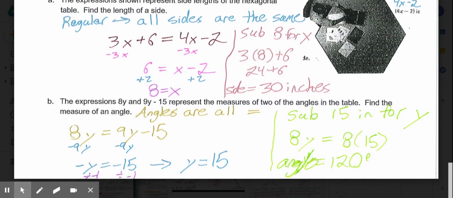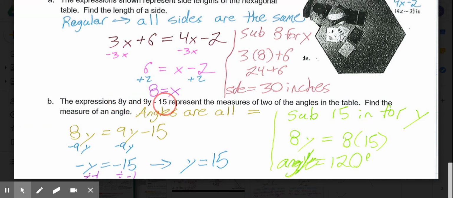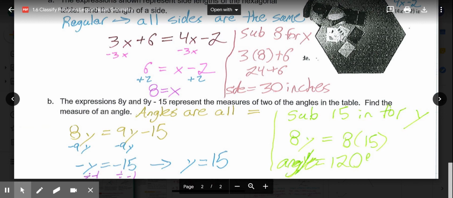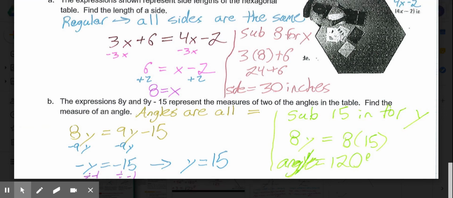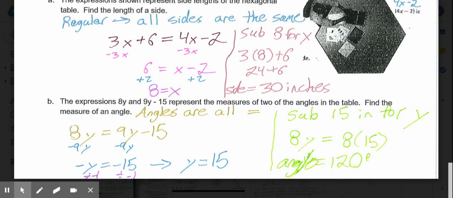And then in part B, it tells us the expressions 8y and 9y minus 15 represent the measure of two angles in the table. Find the measure of an angle. So again, because it's regular, we know all the angles are equal. So we can set our two expressions equal to solve for y. So 8y equals 9y minus 15.